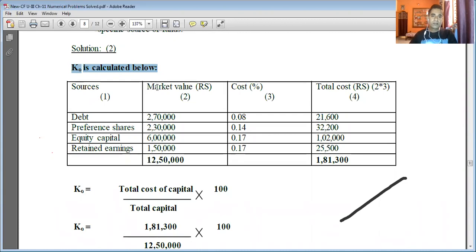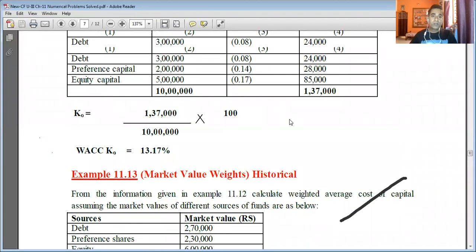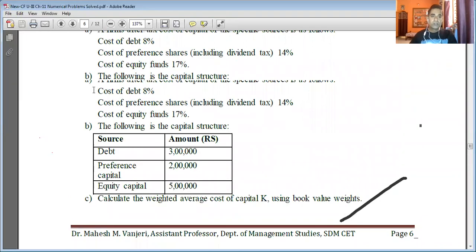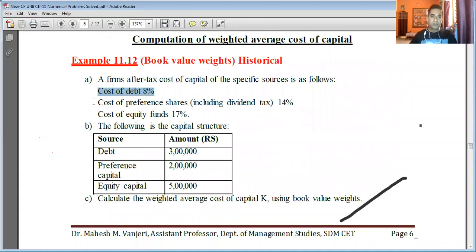For debt, the market value is 2,70,000, and for the cost of debt we have to refer to example 11.12, because this is an extension of example 11.12. The cost of debt was 8%, the cost of preference shares was 14%, and the cost of equity funds was 17%.